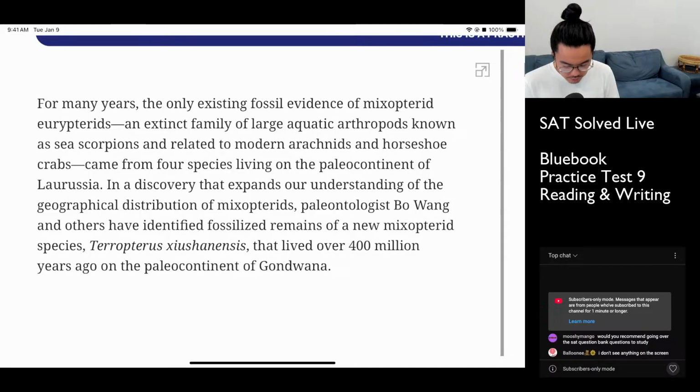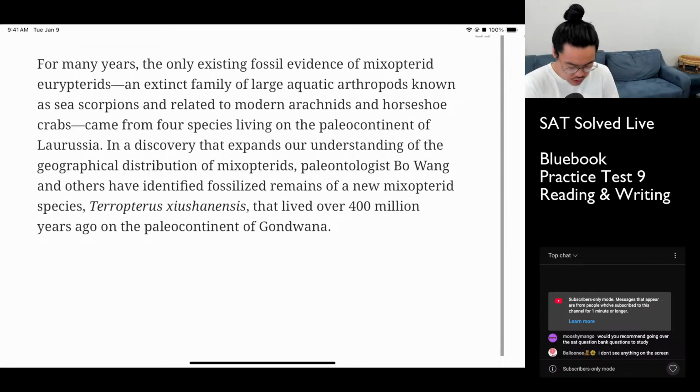For many years, the only evidence of MEs, which are these arthropods known as sea scorpions and related to arachnids and horseshoe crabs. Okay, so like creepy crawly things, MEs came from 4 species. We only had fossil evidence of 4 species from Laurussia.